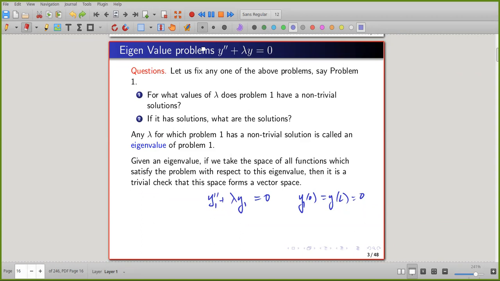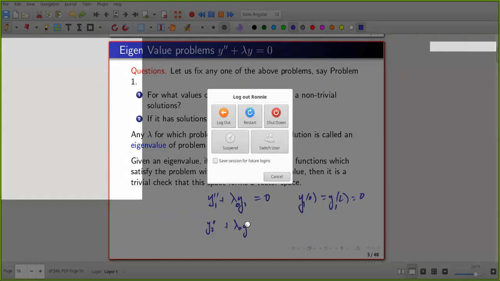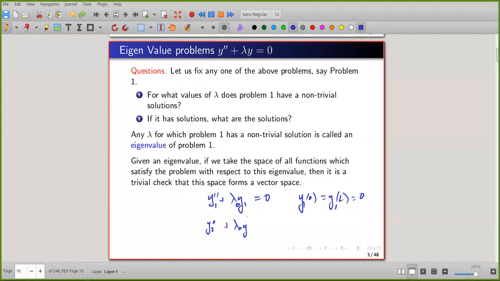So y1 is one solution for a fixed lambda. Let's call that lambda naught. And y2 is also a solution. So y2 double prime plus lambda naught y2 is equal to 0.